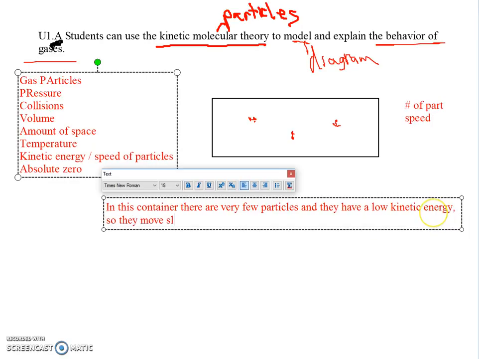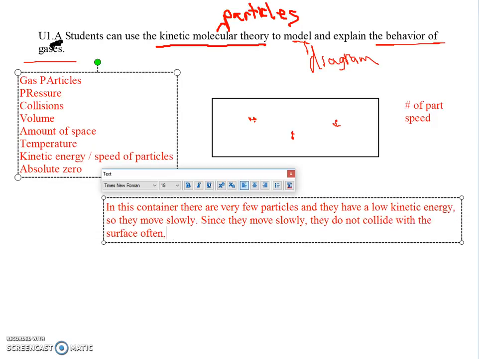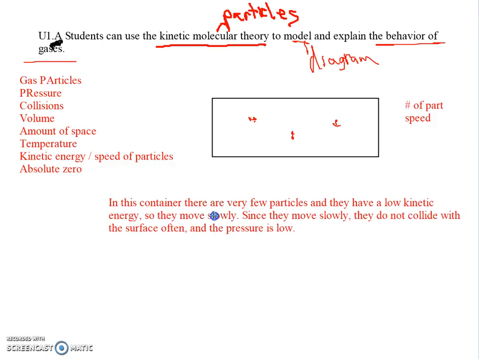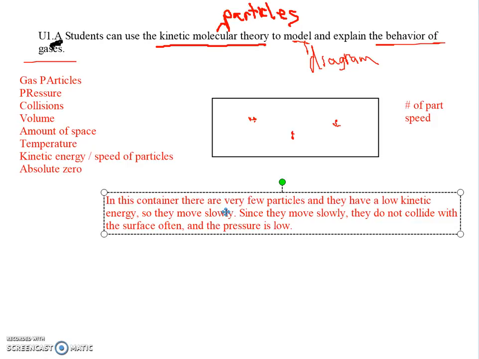So they move slowly. Since they move slowly, they do not collide with the surface often, and the pressure is low. Okay, so that's just one of many examples that we've now done together. You can check the notes. We did a lot of experiments, my attempt at making it fun and whatnot.